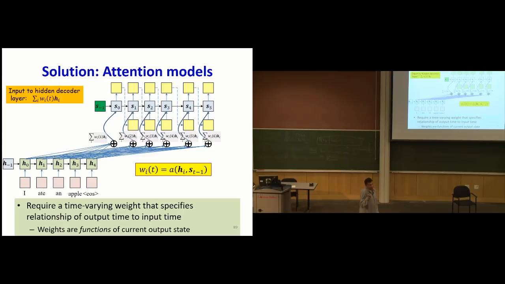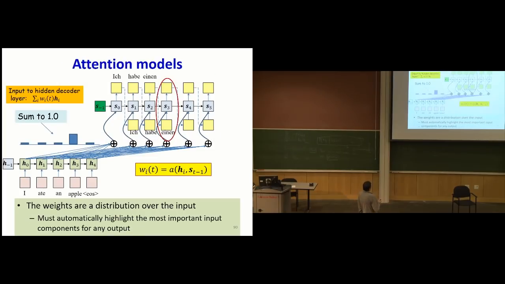Get the intuition? And the way we will do it is we will actually have a weight which is some function of that hidden representation. The weight assigned to each of these is some function of that hidden representation. So in order to produce the input at time t, the weight that we will compute is going to be a function of the hidden representation and the state at time t minus 1.